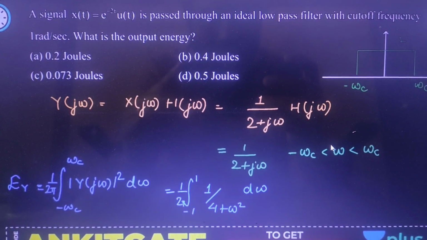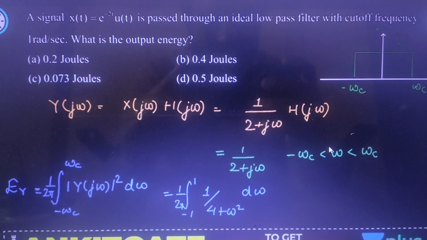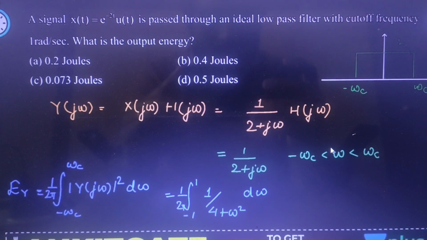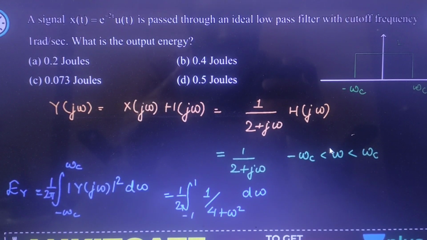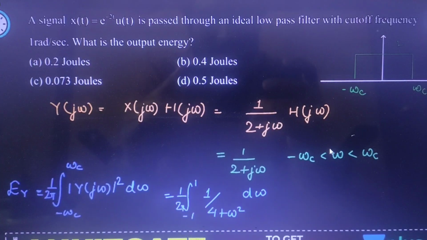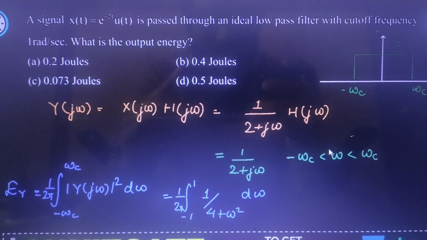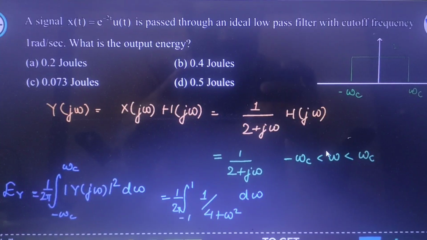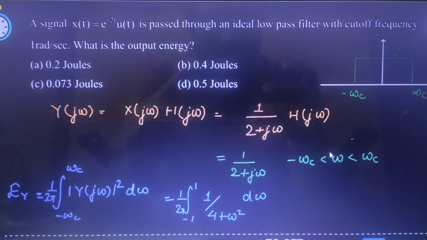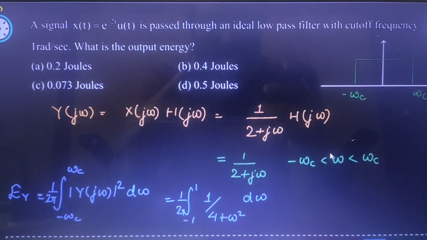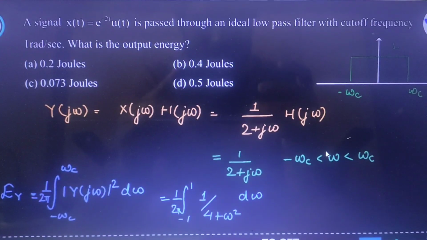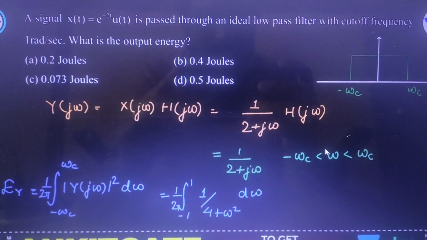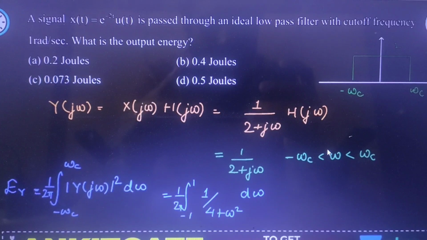Signal x of t is equal to e power minus 2t into u of t. It is passed to an ideal low pass filter with cutoff frequency 1 radian per second. What is the output energy? Y of omega is equal to X of j omega into H of j omega, where X of j omega you can write as 1 by 2 plus j omega.